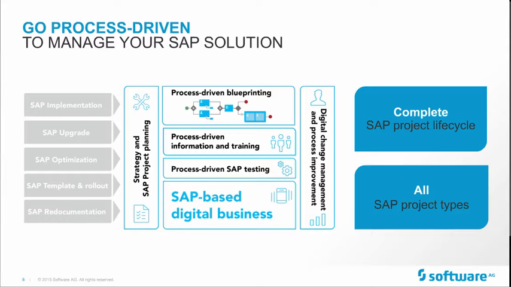Testing, which I mentioned before, will be the next step, so you can make sure processes are working, and training also makes sure that people know about the processes that they should use. And last but not least, the change management and process improvement topics, so that you can really make sure everything is working fine. And with ARIS, you can make sure that we support the complete SAP life cycle, which is what I mentioned just now, and that you support all SAP project types.